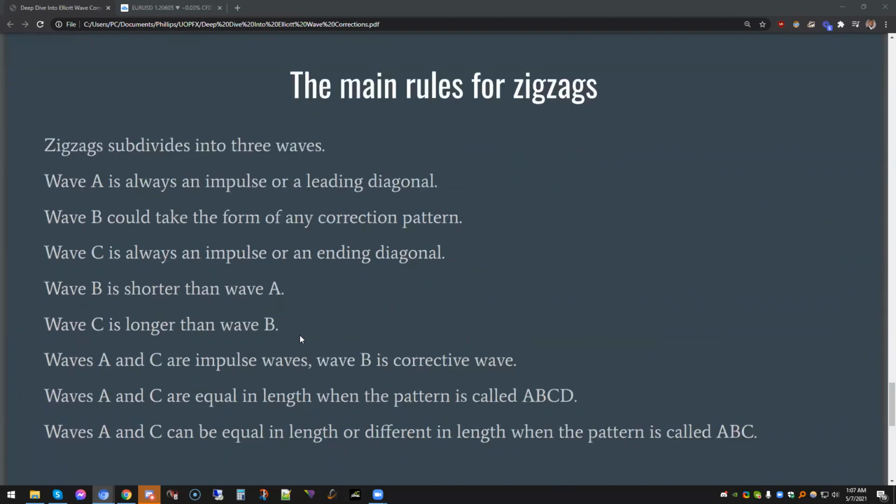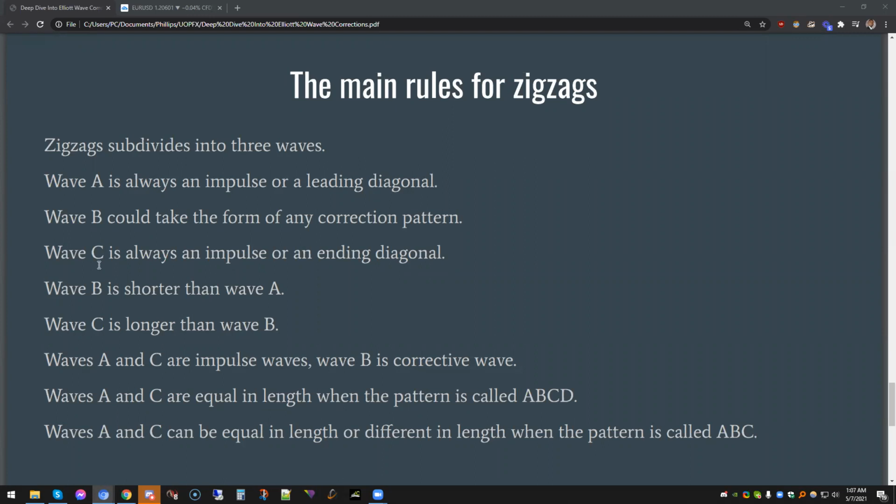Now, the main rules for zigzag patterns. A zigzag pattern subdivides into three waves, as I said before. So a zigzag pattern will be a three-wave pattern. Some traders refer to it as a lightning bolt, because it looks like a lightning bolt to some traders.